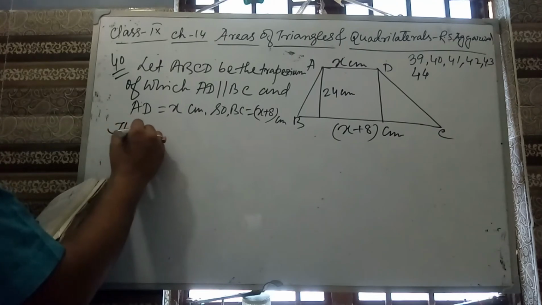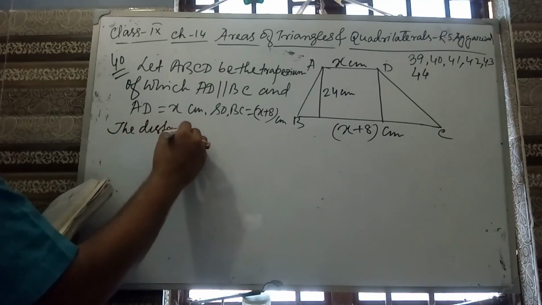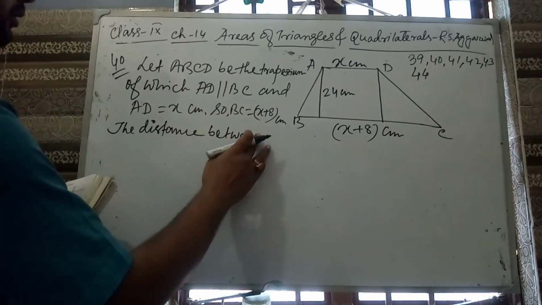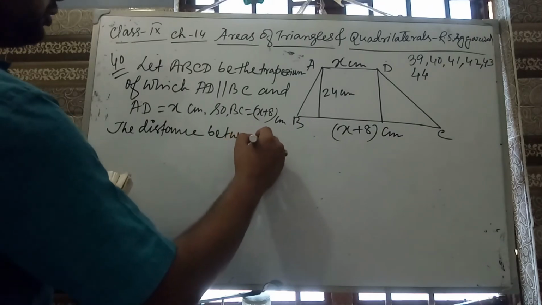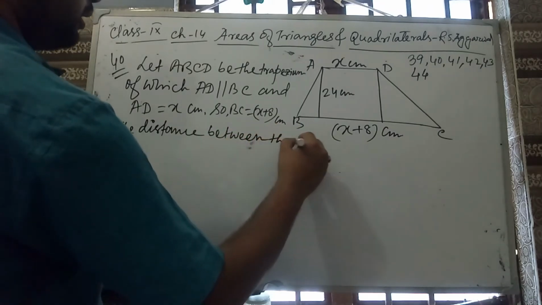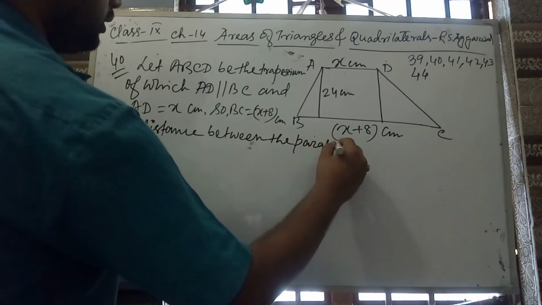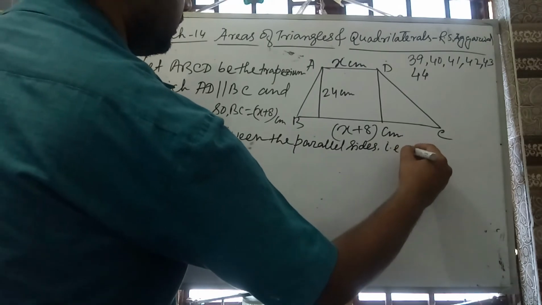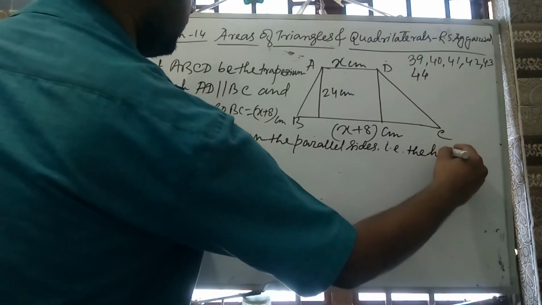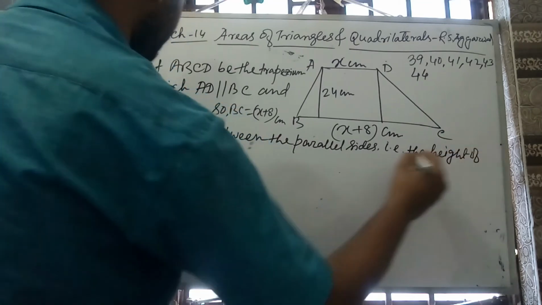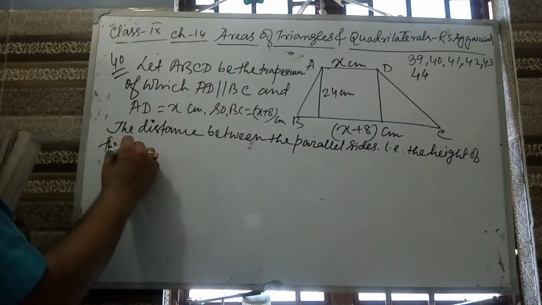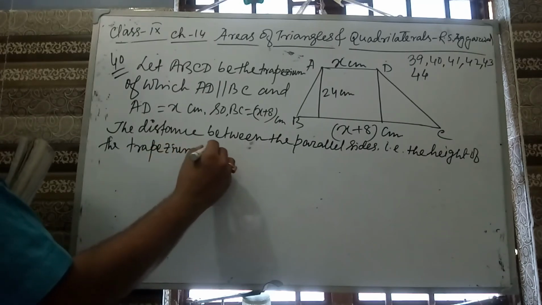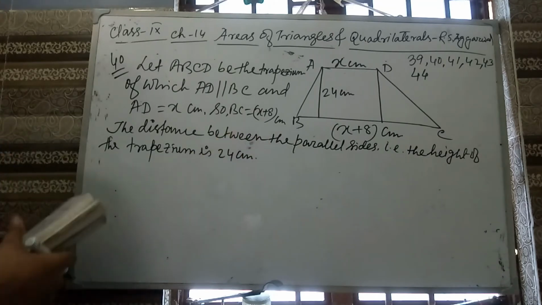The distance between the parallel sides, that is the height of the trapezium, is 24 centimeter.